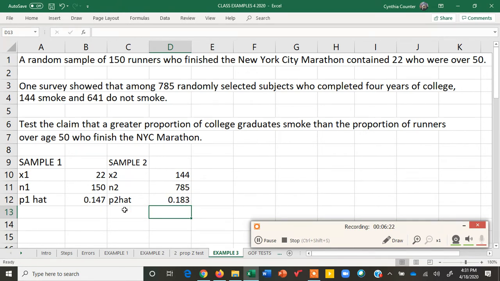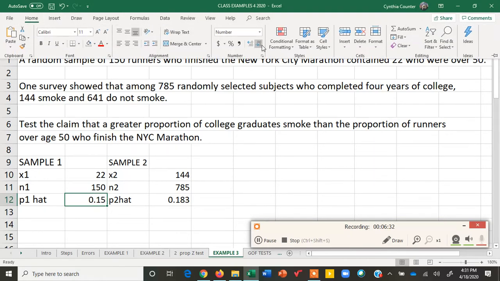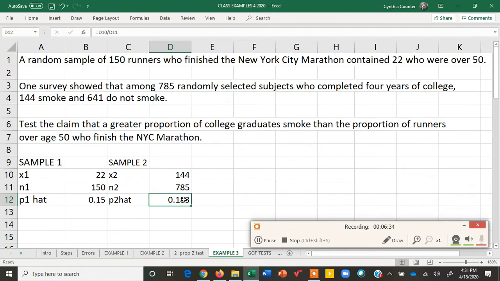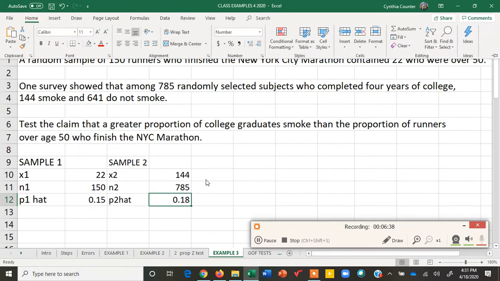So we can see that we're looking at about a 3% difference, right? It's just easier to work with these numbers to 2 decimal places, so we can just look at 15% and 18% and see that there's a 3% difference between these two sample proportions.